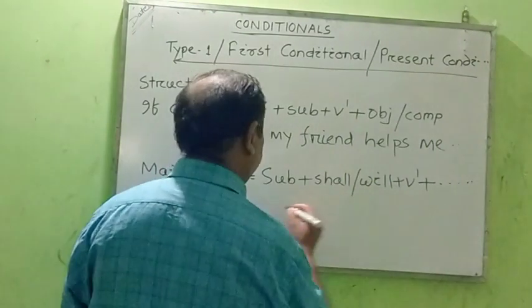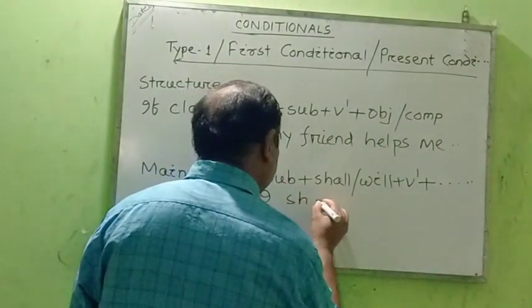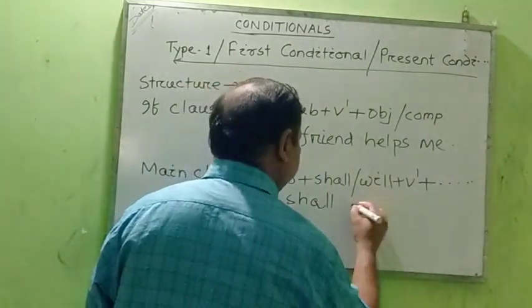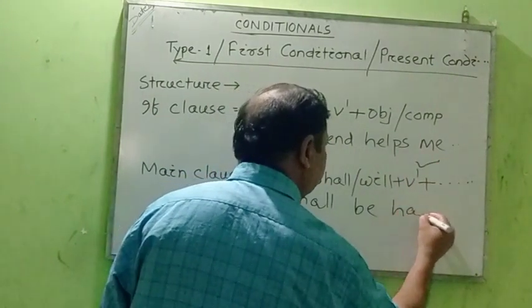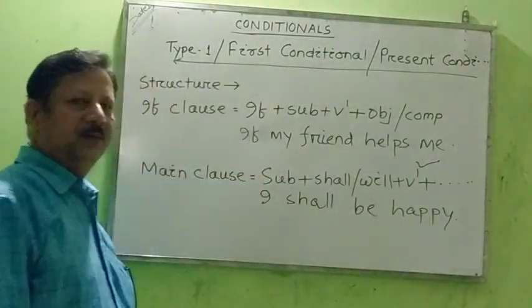What is it? I shall, subject is I, then shall be. Be is the verb 1, then happy is the complement. I shall be happy.